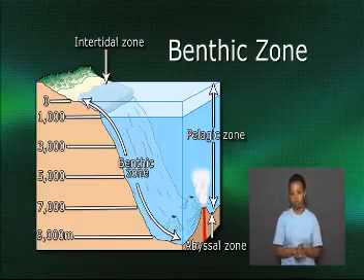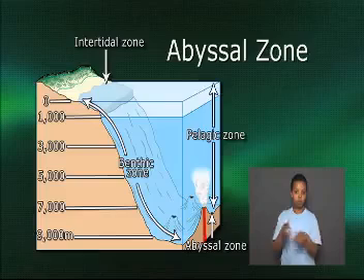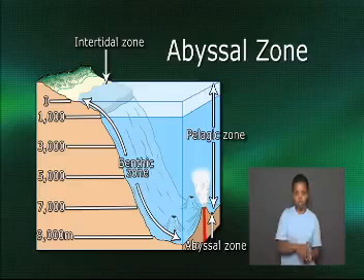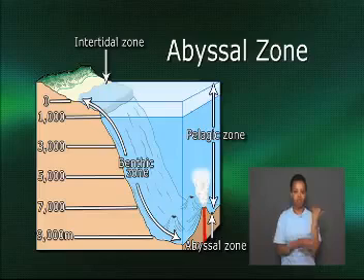The deepest ocean is called the abyssal zone. In this region, the water is very cold, highly pressurized, high in oxygen content, but low in nutritional content. The abyssal zone supports many species of invertebrates and fishes.